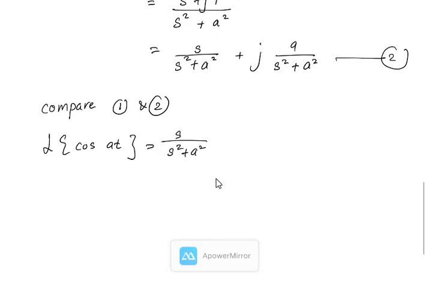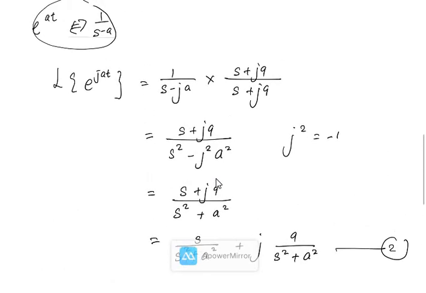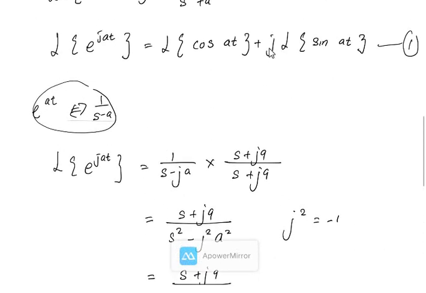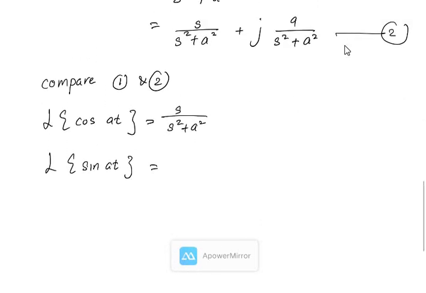Whereas for the Laplace transform of sin at, you compare the j sin at with j a over s squared plus a squared. So this means that I get a over s squared plus a squared.